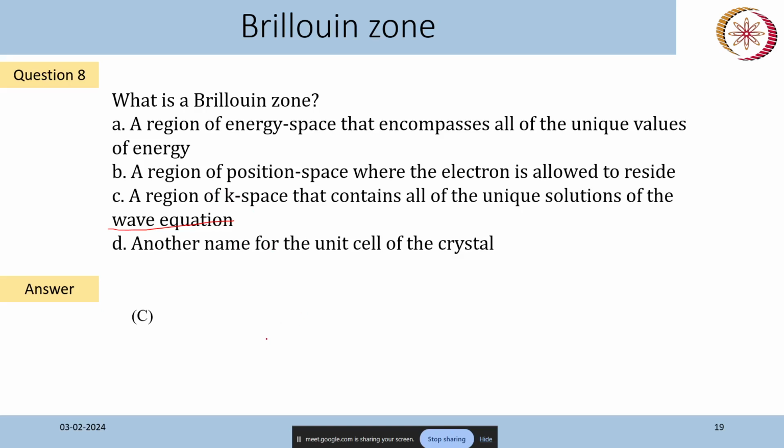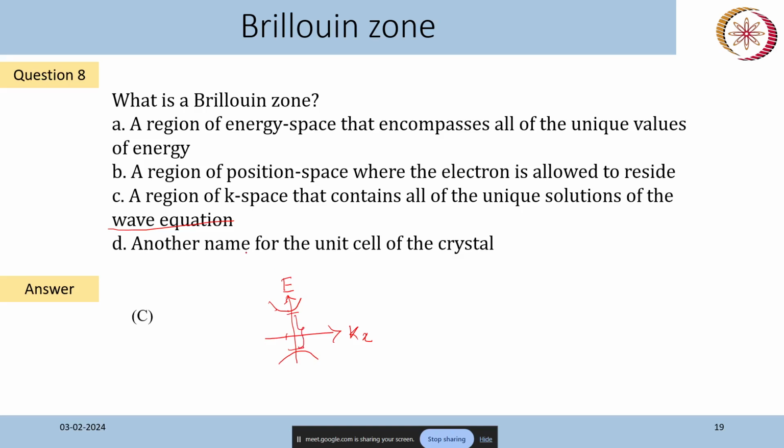Let's consider a one dimensional K space, so that will be easier. Let's consider only Kx. Suppose the E-K relation is like this, with energy on this scale. The solutions of the wave equation will give some energy values for some K, right? And here you can see there is no energy value in this region.